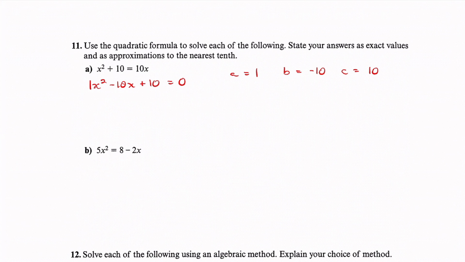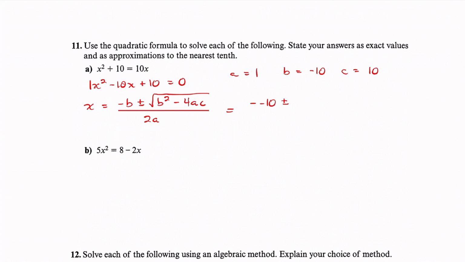So our quadratic formula is x equals minus b plus or minus the square root of b squared minus 4 times a times c. That's all in a square root. And then all of that is divided by 2 times a. So I'm going to take my numbers that I had just written up top there, and I'm going to put them into this. So it's minus 10, because that b was negative 10.